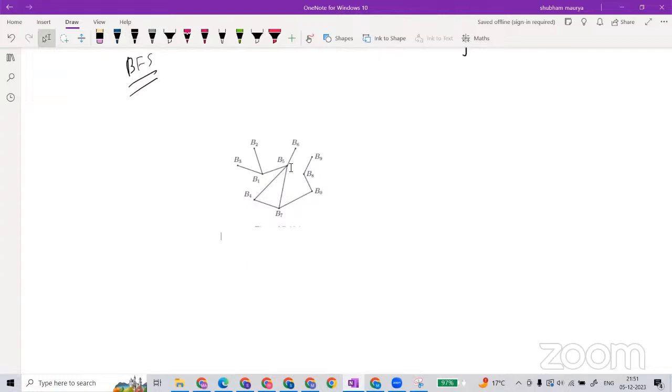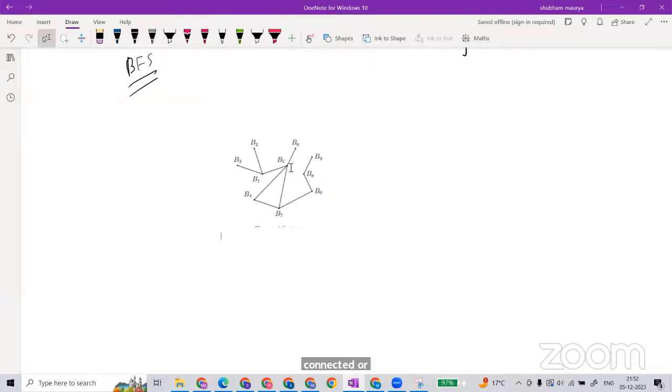What is the use of this algorithm? Suppose your graph problem is very big and you don't know whether the graph is connected or not. So one example I am saying is that BFS will do that.